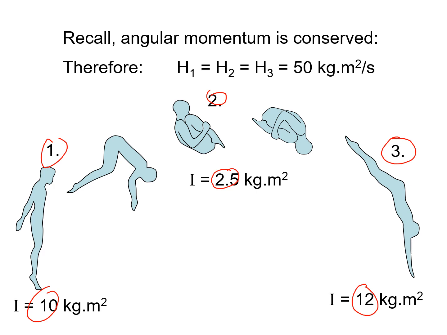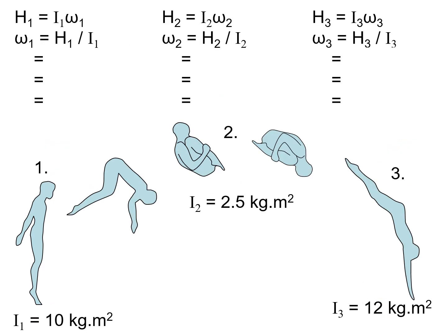So let's take a look at the maths here. Let's look at the maths for these three positions. We can rework our angular momentum equation right here to determine the angular velocity of this person.